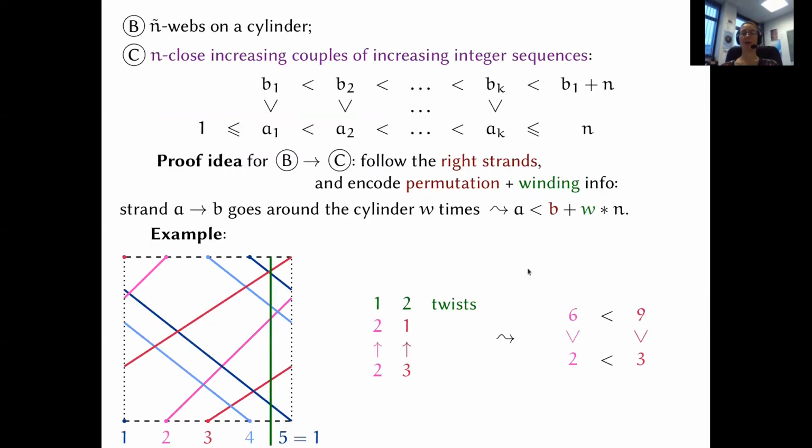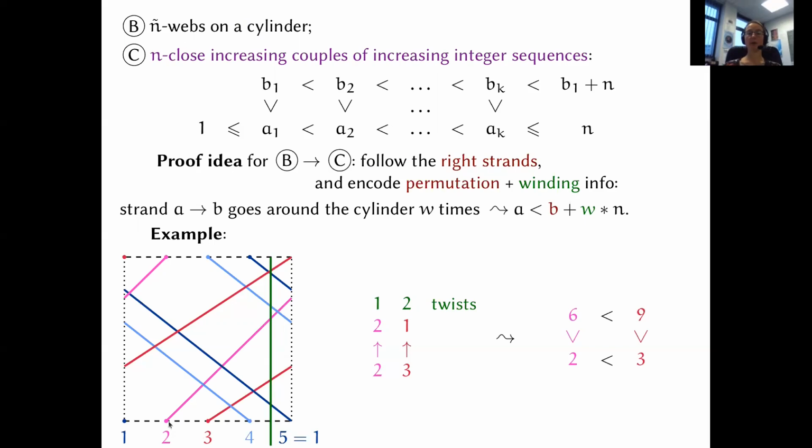We can look at an example. So here you have a braid on 4 strands. The fifth point corresponds to the first one, they are just glued together. Now here you see that there are only two strands going right, the rose one and the red one.